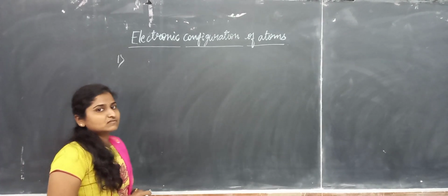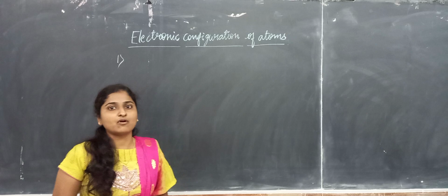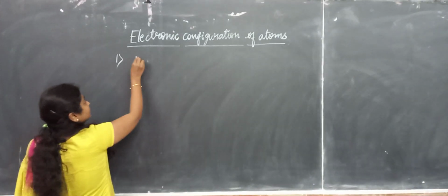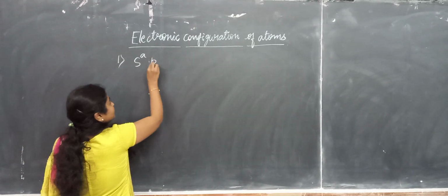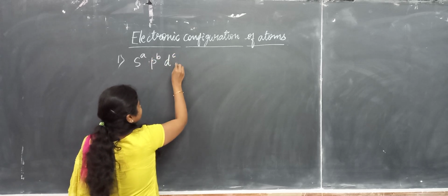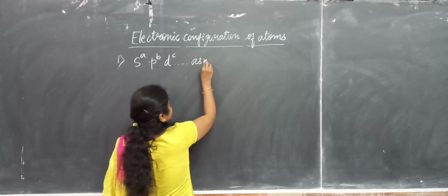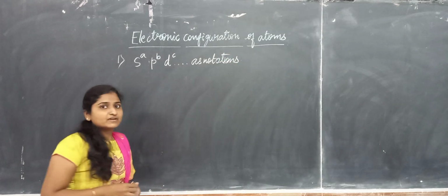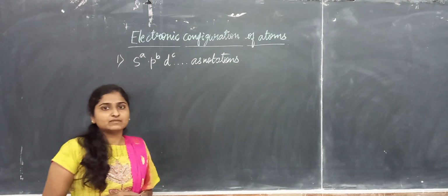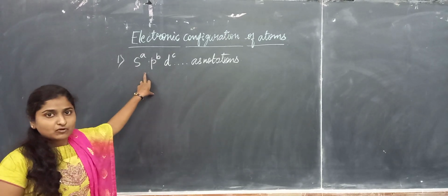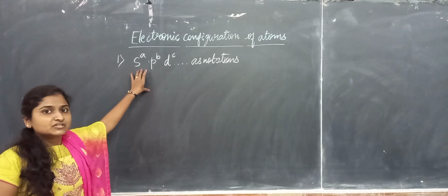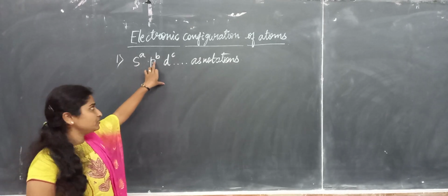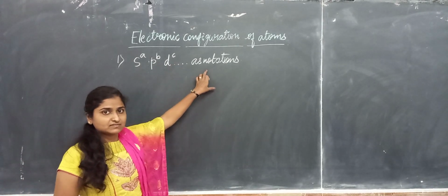The first way is to represent the electronic configuration in the form of respective letter symbols, using the symbols of the shells as letters, that is s^a, p^b, d^c and so on, as notations.